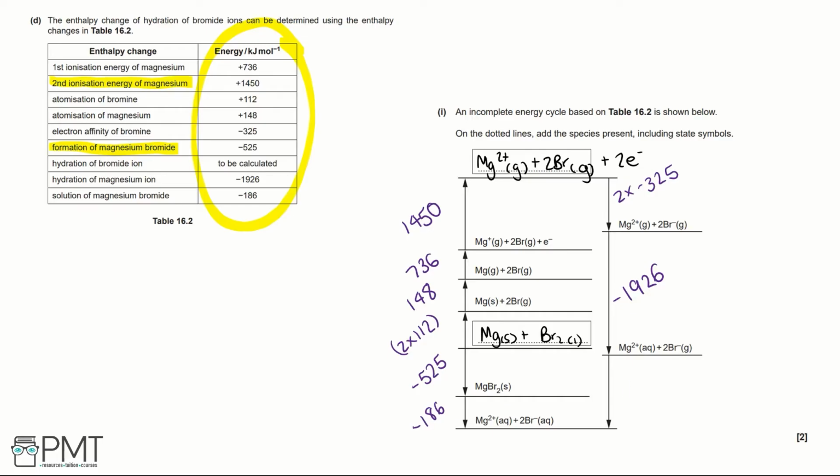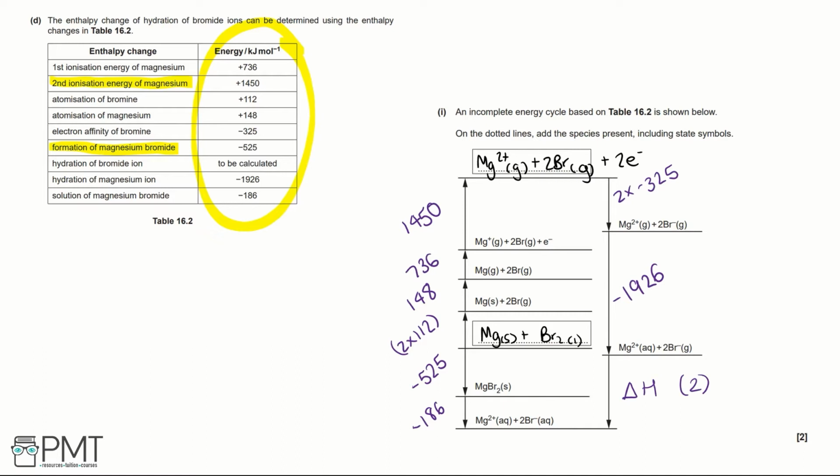And then this final arrow is the one we want to work out, which is the hydration of the bromide ion, but we're actually going to have to divide by 2 because we've got 2 bromide ions that we are hydrating. So we just need to remember to divide our final answer by 2.